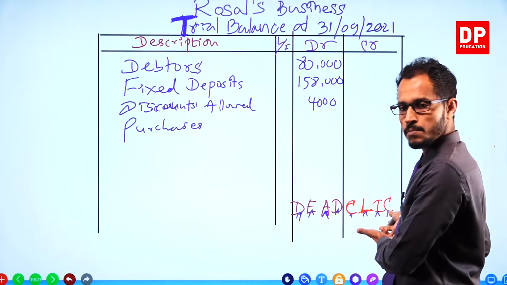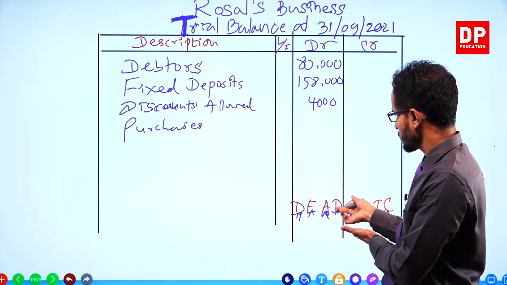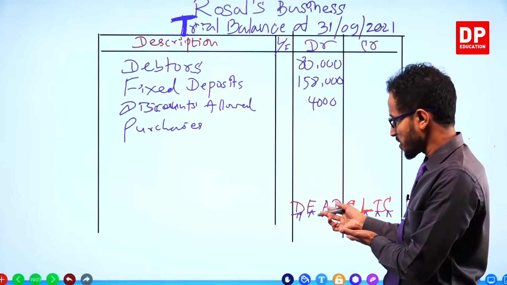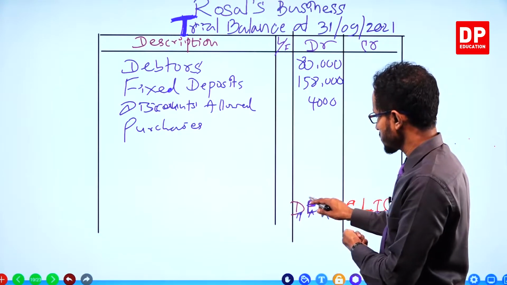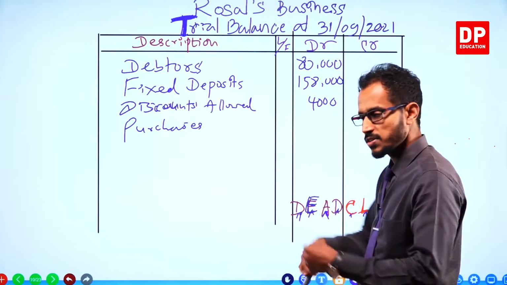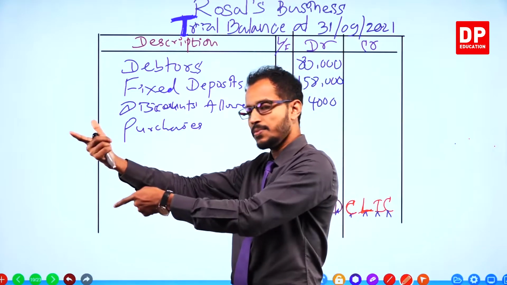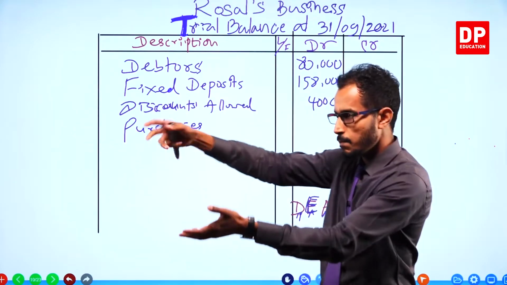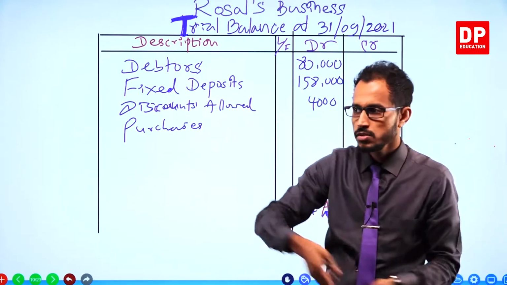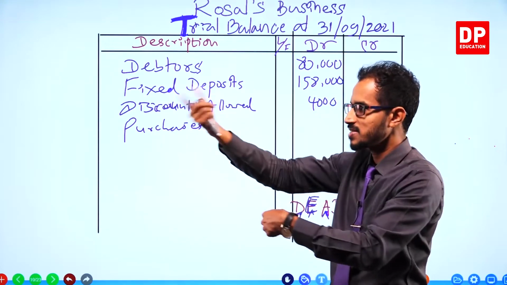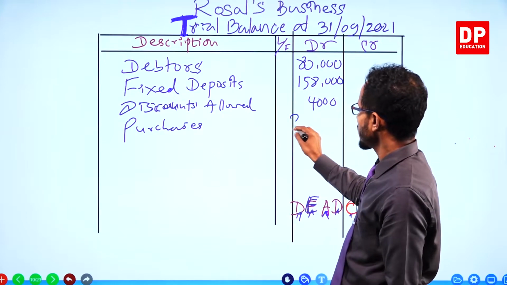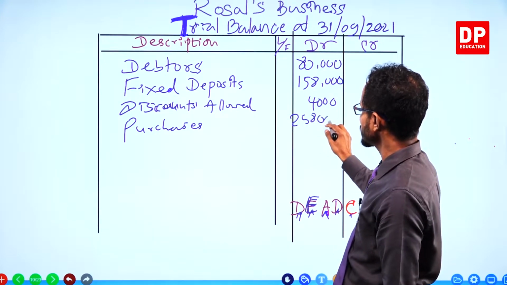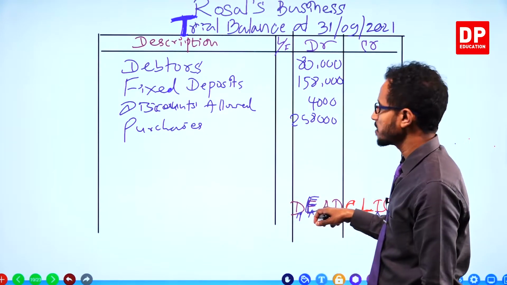Is it an income? Or is it an expense? It is an expense, because we spend money to buy the goods. So purchases is an expense, and 250,000 should be in the debit side.